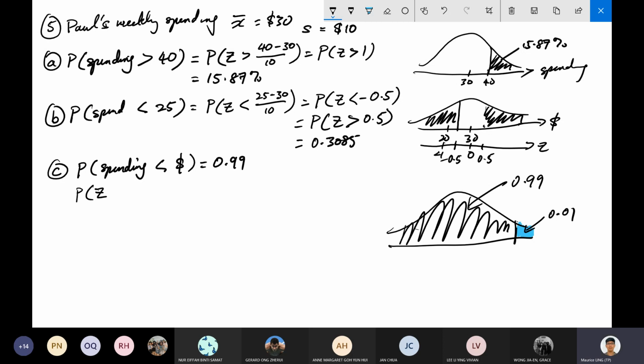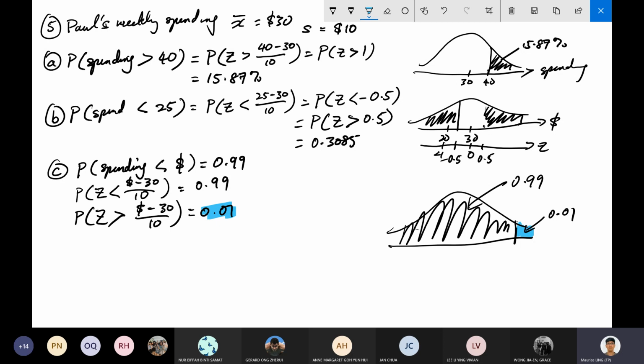All right. So how much money do you need to set so that you are on the opposite side? It's 1%. Okay. So here you end up with the spending minus $30 divided by $10 is 0.99. So you reverse it back. The amount of dollars minus 30 over 10 is actually the blue one, 0.01. So this is the blue region.